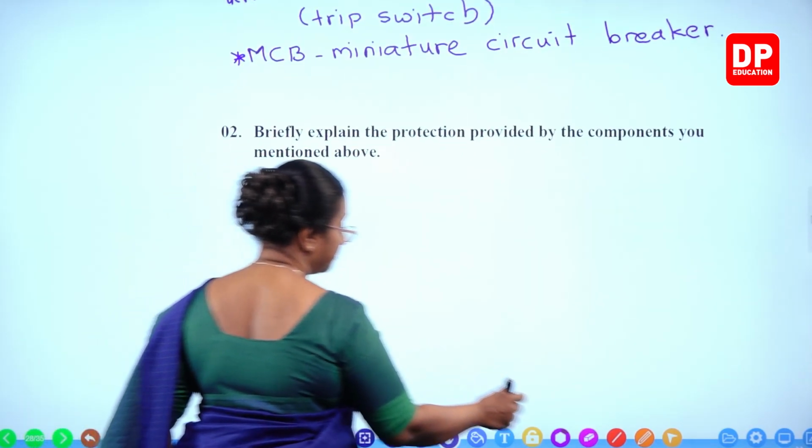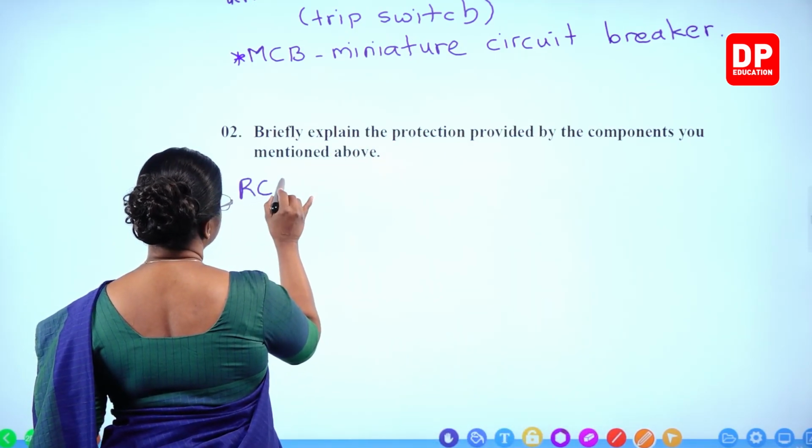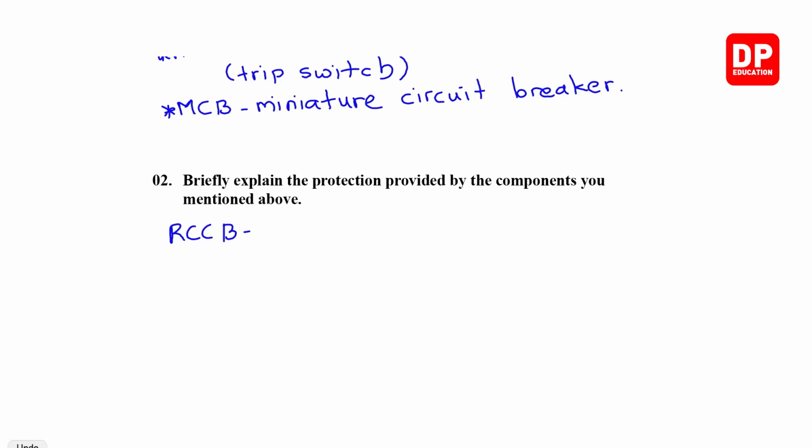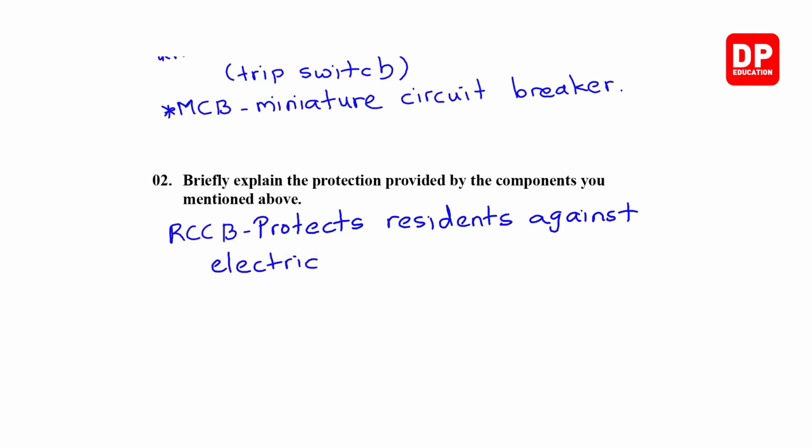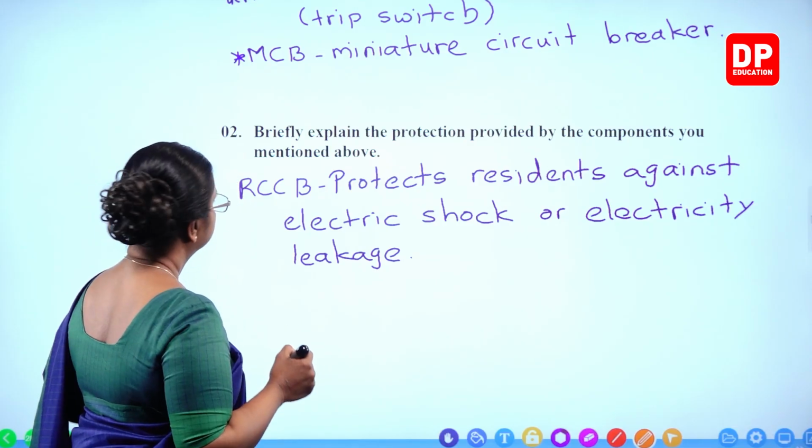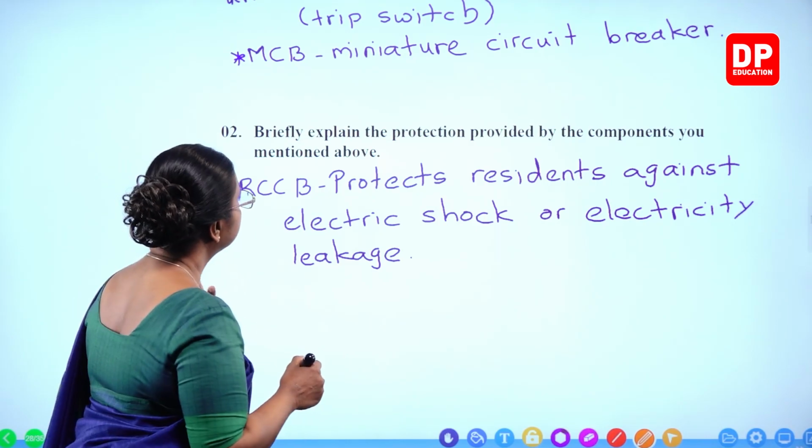So here we can say RCCB protects residents against electric shock or electricity leakage. So that is how RCCB protects the residents.